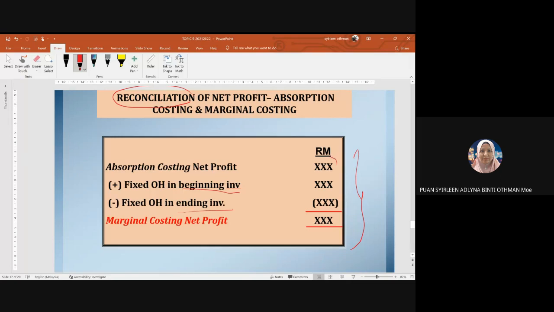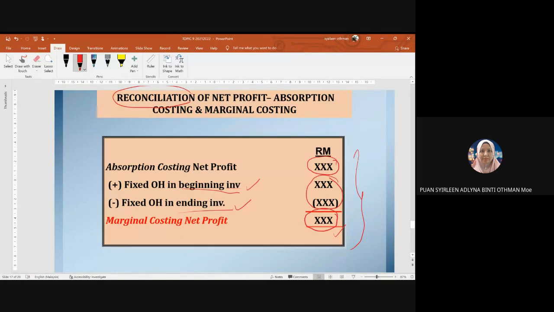So ini adalah net profit you dapat di statement absorption, you plus dengan fixed overhead in beginning inventory, you minus dengan fixed overhead di ending inventory, nilai yang you dapat mesti sama dengan untung yang you kira dalam marginal costing statement. Okay, kenapa beza tu berlaku? Sebab dua item ni tidak terdapat pada marginal costing. Okay, that's why kita kira nanti statement kita akan beri net profit yang berbeza.